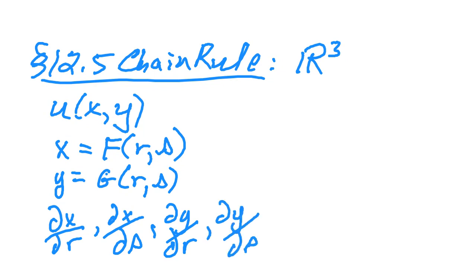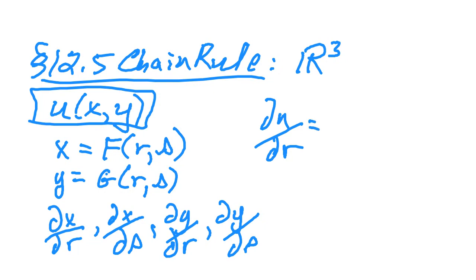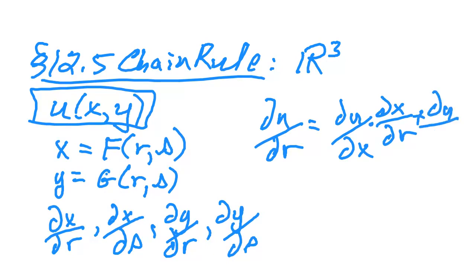So if we have this for the chain rule, then if I want the partial of u with respect to R, for example, remember u is not defined in terms of R, so what this is going to equal by the chain rule is the partial of u with respect to x times the partial of x with respect to R, and then plus the partial of u with respect to y, times the partial of y with respect to R. So if you notice on both of these, these kind of cancel each other out.